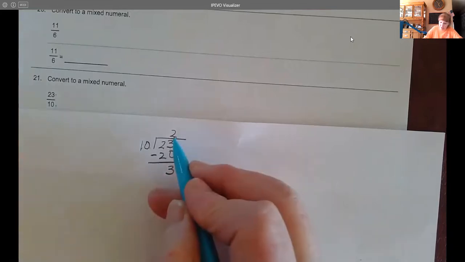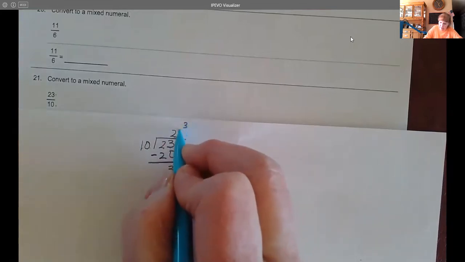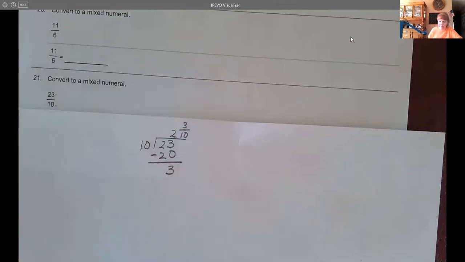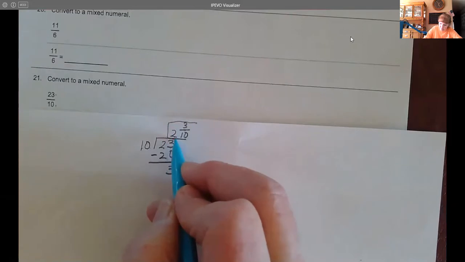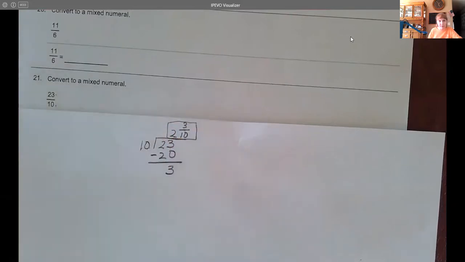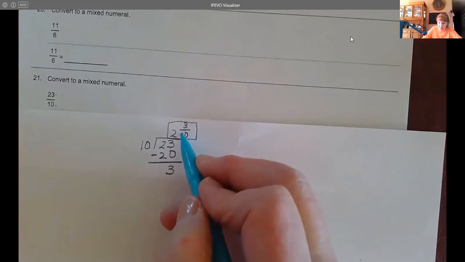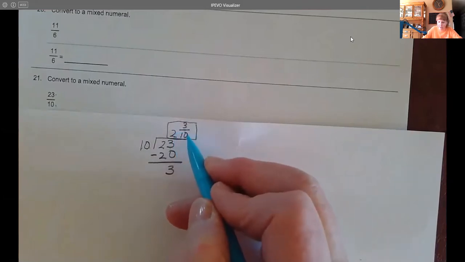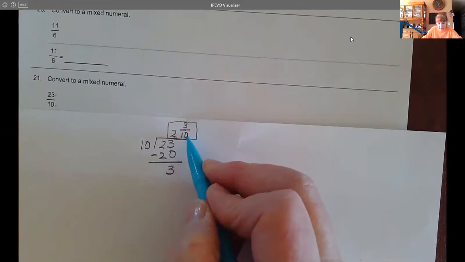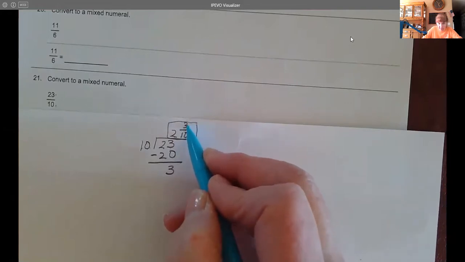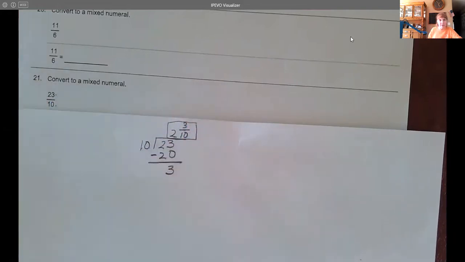So your answer is 2 3/10. And that would be your answer. 2 3/10. Multiply it out, change this back to an improper. 2 times 10 is 20, plus 3 is 23/10. You can always check it.